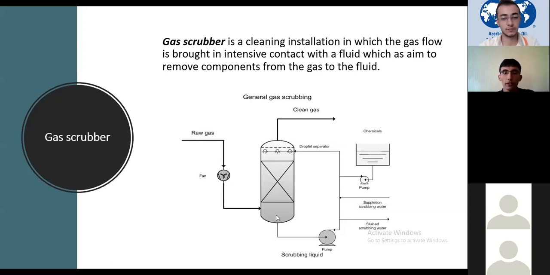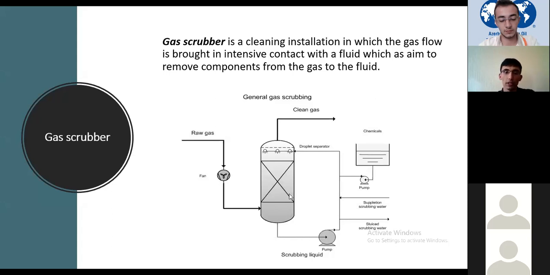We don't want to have them in the clean gas section, which is coming from the top side of the gas scrubber. So for this purpose, we have scrubbing liquid. It's water in our plant. Water is continuously circulating here, and gas together with fines comes inside the tower, and then water helps to remove those particles and let them settle down in the scrubber.